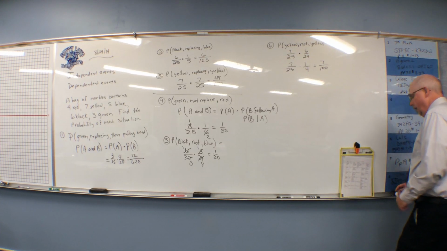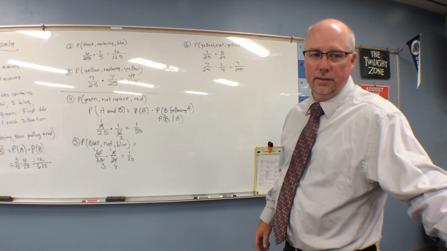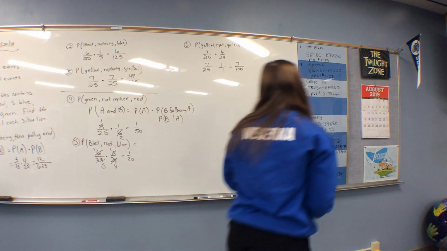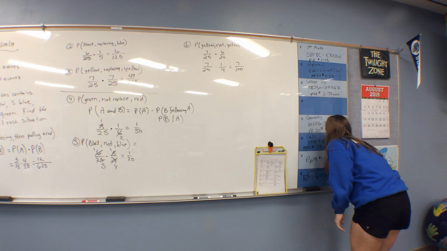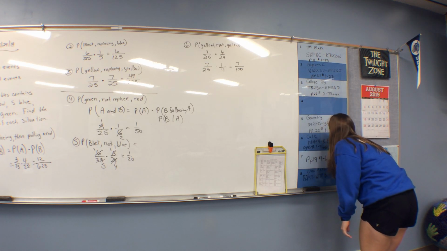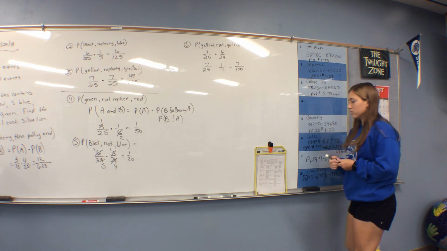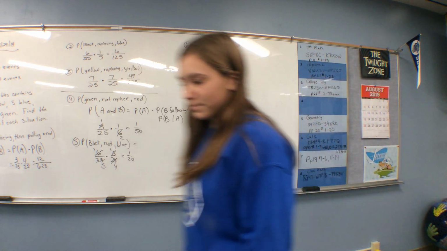Maya, get over here and do this. I have to read it. You just don't want to be in the video. 1 through 6 and 11 through 14. So very short assignment. You have today and tomorrow to work on it. And they'll watch the video.